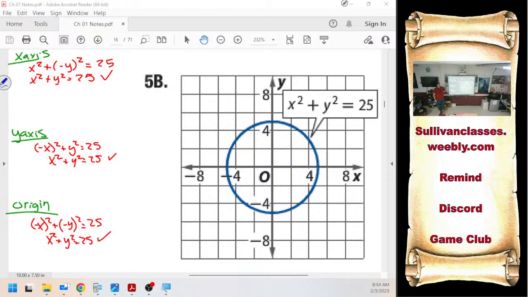I could just pick anything and roll with it. What if I just pick x as 1? What would y be?